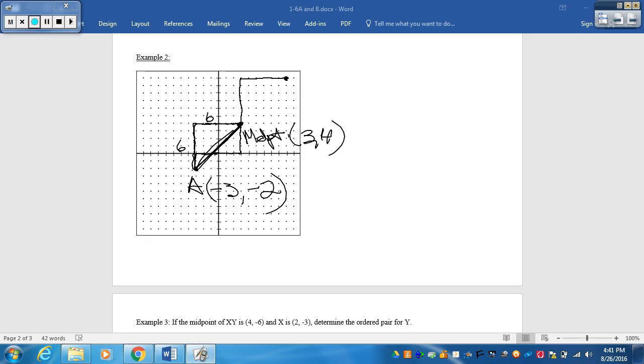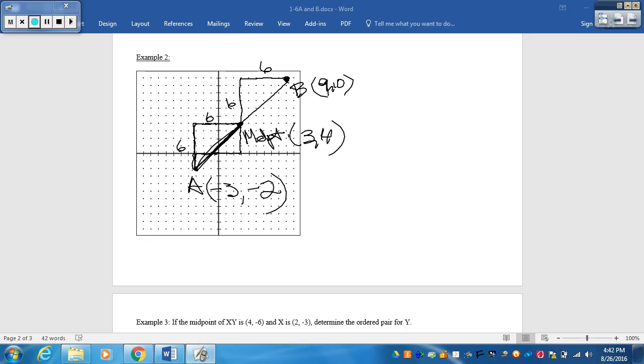Right there should be my endpoint, okay? Which is going to be at, let's see here, 9, 10. Okay, 9, 10. All right, so I've got my ordered pair of my other endpoint by continuing the same slope. Same rise, same run, okay?